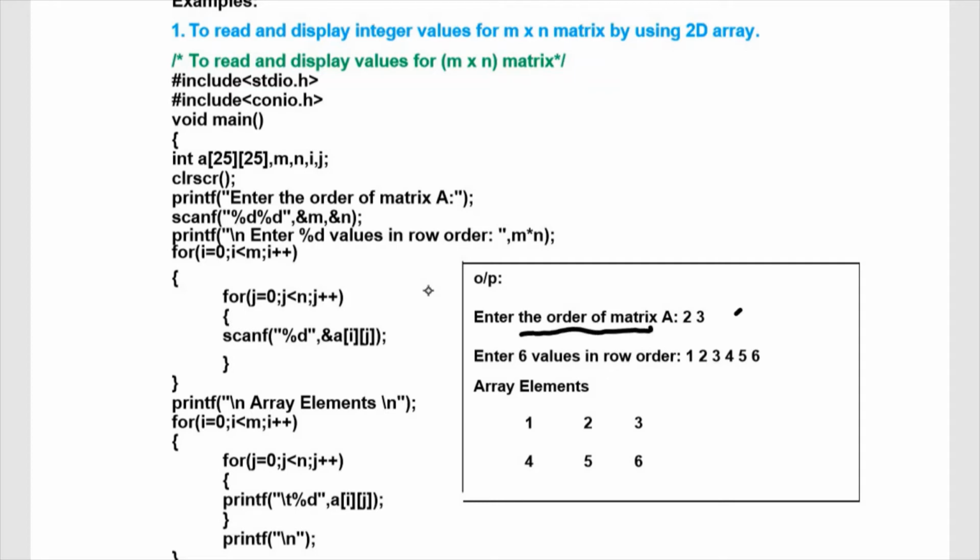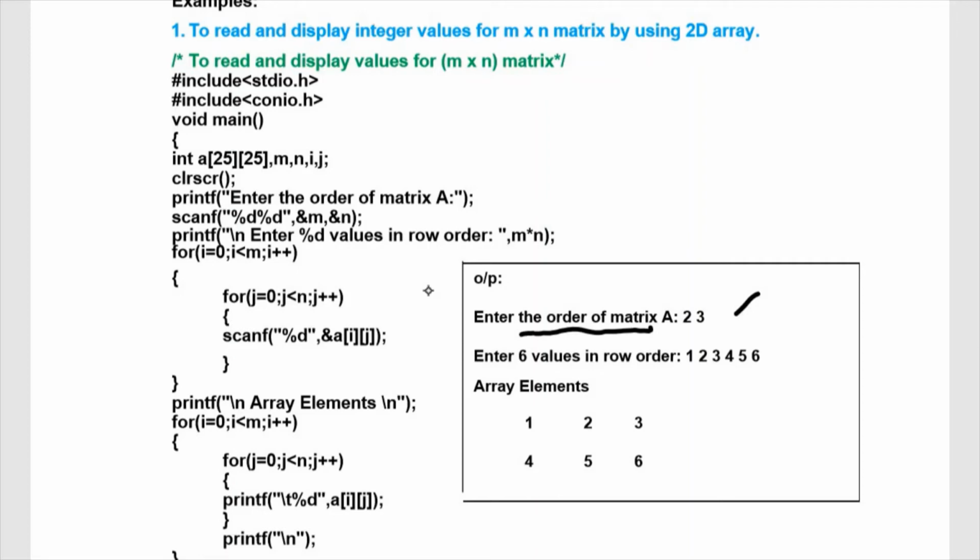If the user enters 2 into 3, that is 2 rows and 3 columns, then automatically it should initialize that the limit of the array is 2 into 3. So scanf %d, ampersand m and ampersand n.